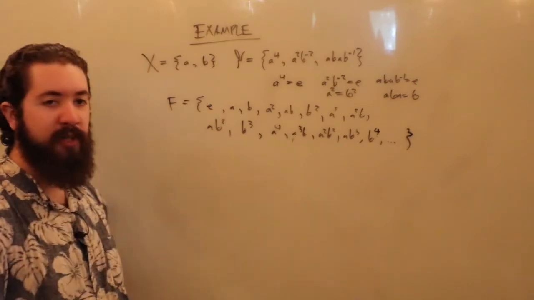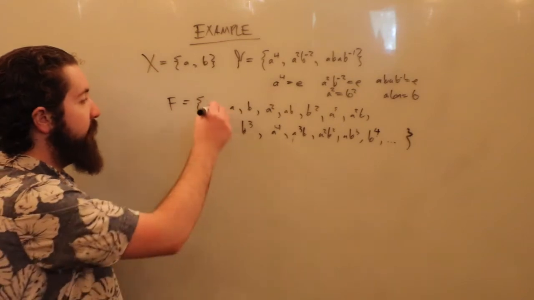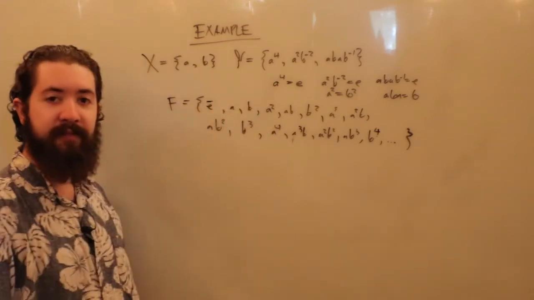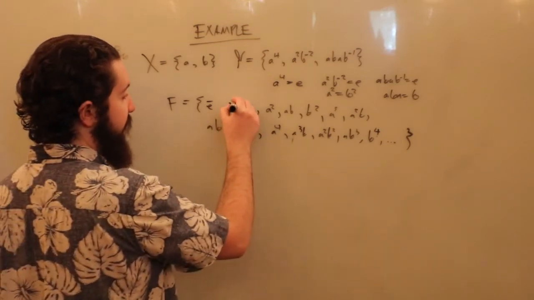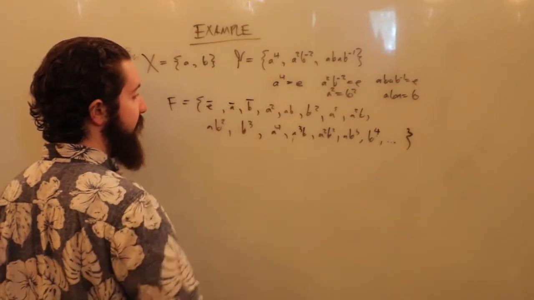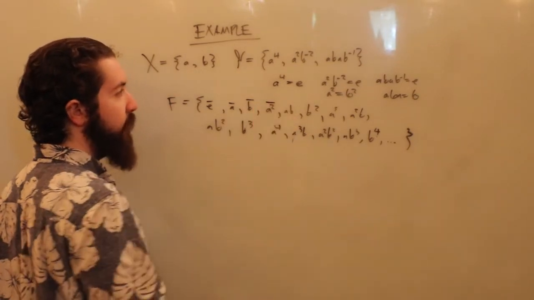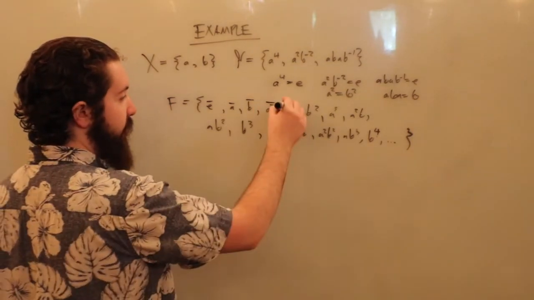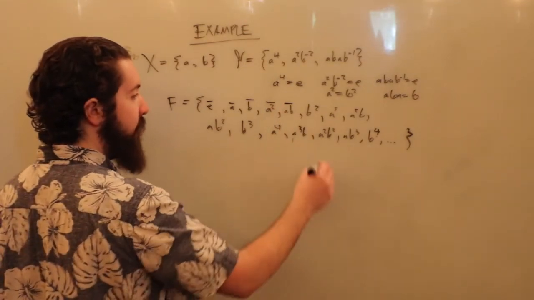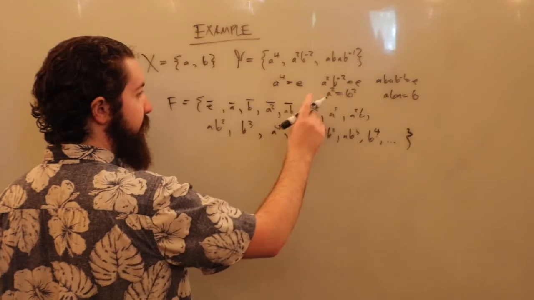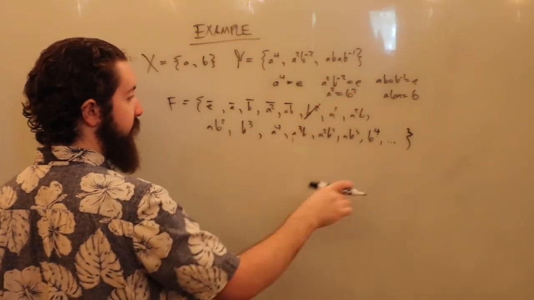Okay, now once we quotient out, what's going to happen? Well, we're going to have our equivalence class of the identity. We're going to have our equivalence class of A and an equivalence class of B. We're going to have an equivalence class of A squared, an equivalence class of A times B. And now B squared, of course, is equal to A squared, so it's going to belong to this equivalence class.